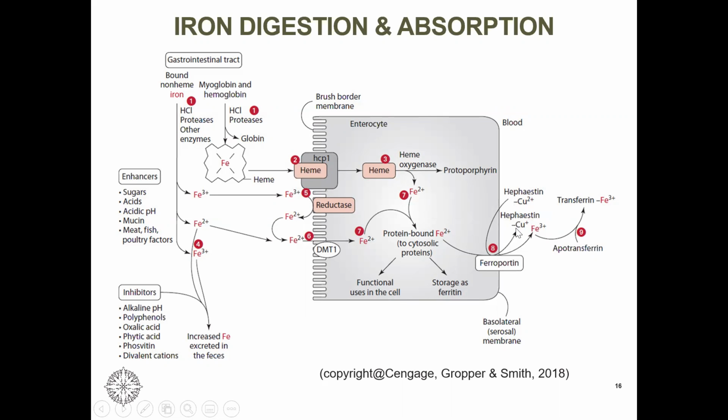That copper is giving away its electron, converting it to ferric, and then that ferric attaches to ferroportin and comes out. And here it attaches to transferrin and travels to liver and other organs. Questions, or you want a minute to go through these steps, that's fine.